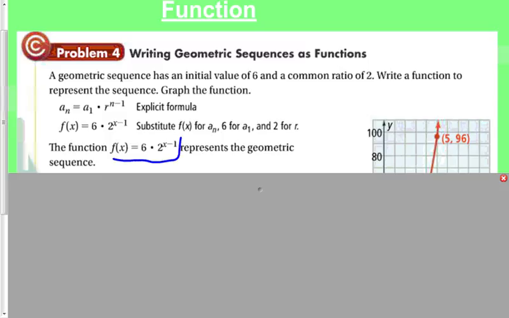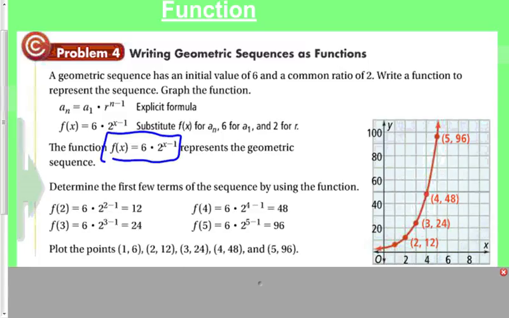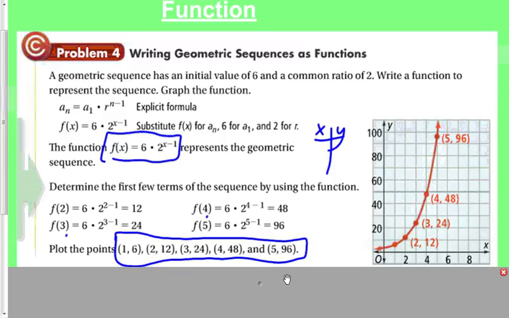It represents a geometric sequence. Now, to be able to graph it, we have to make a t-chart to find the values. This is all done here where x is 2, 3, 4, 5, and we have the ordered pairs. Once you plot those, you'll see that since it's an explicit formula using exponents, it is going to look like an exponential function.